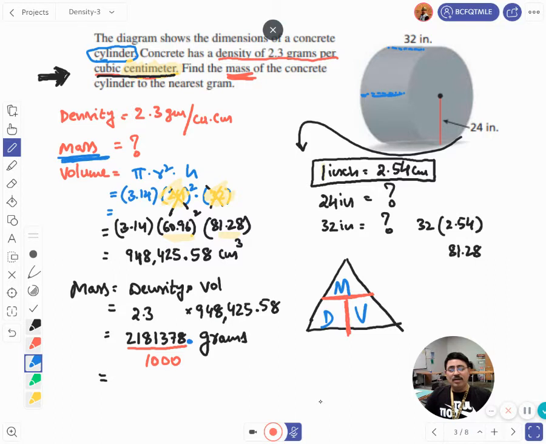If you are dividing, then just count the number of zeros. There are three zeros in the denominator, therefore the decimal moves to the left by three places. You see that 2,181.378. If I round it, I get 2,181 kilograms. That is the mass of the cylinder.